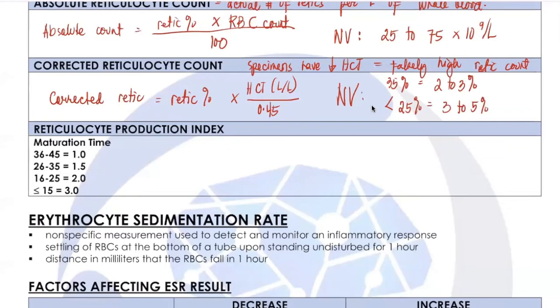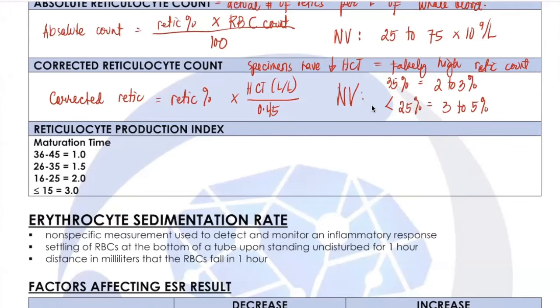And lastly, we have the reticulocyte production index. Itong reticulocyte production index, guys, is actually the modification of the reticulocyte count that will give us the right information about our bone marrow response.